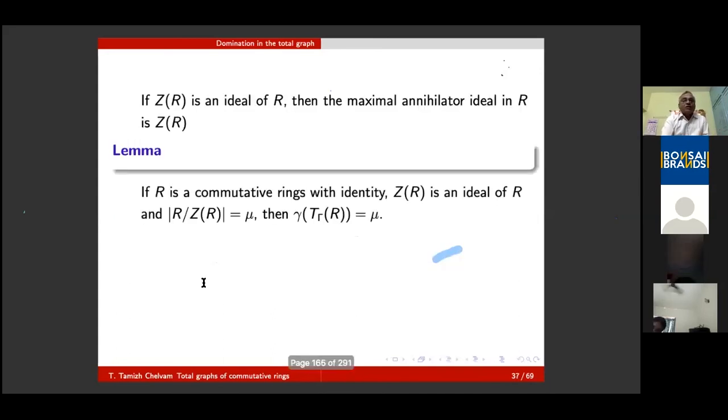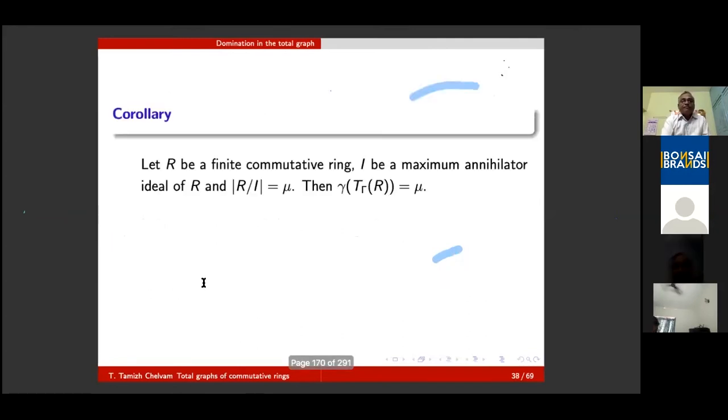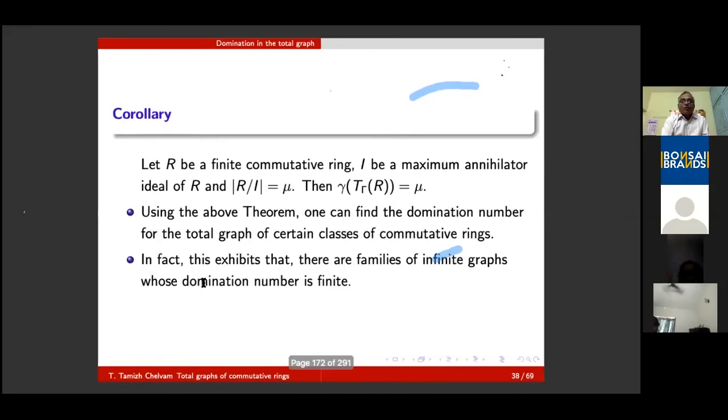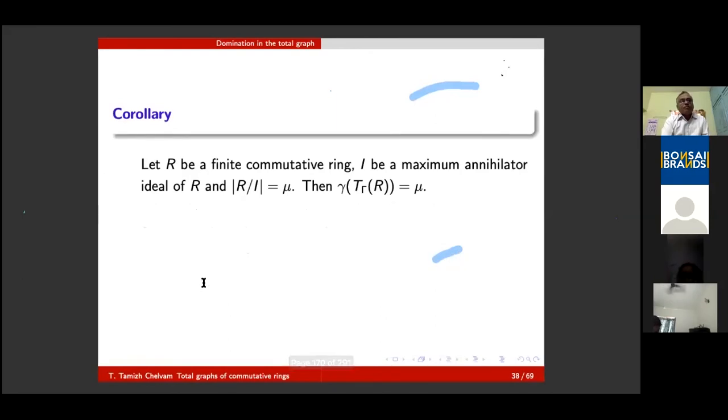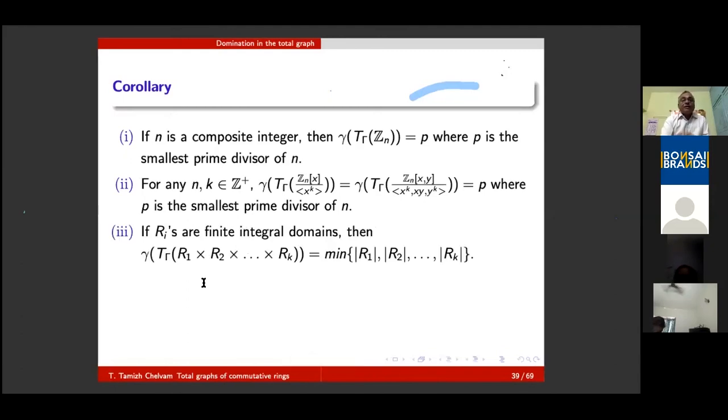Of course, we have proved that when it is equal to mu, we could obtain classes of graphs for which the domination number is this. For example, when n is a composite number which is equal to p, that is mu.